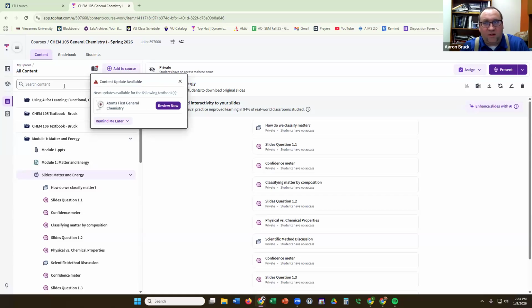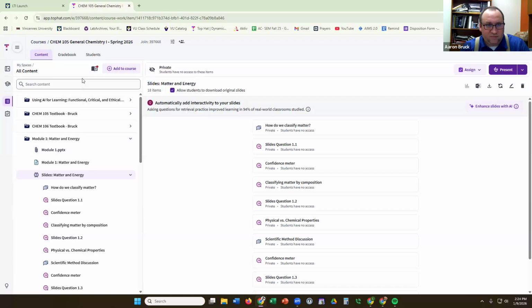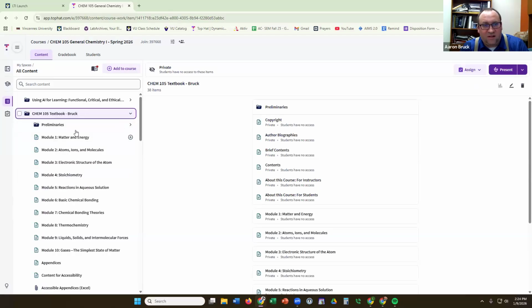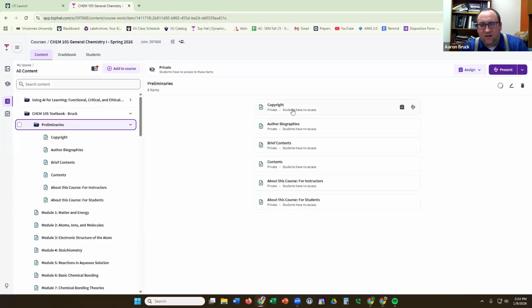And so what you can see in here is, right now you're not going to see a ton of stuff in here, but you will see when you log in, here's the Chem 105 textbook. It breaks down, here's the table of contents and whatnot.